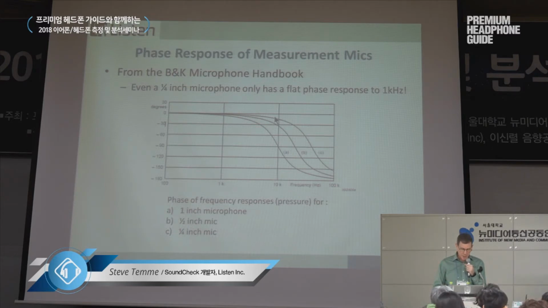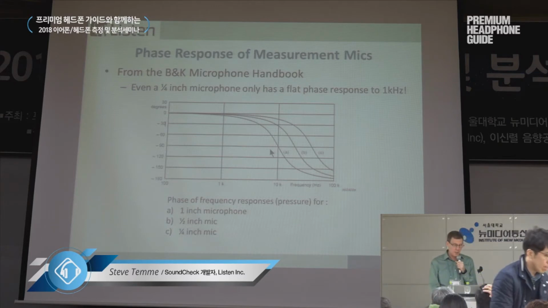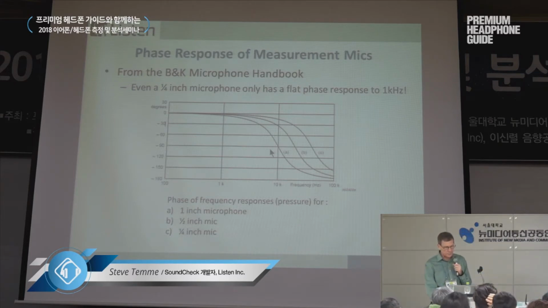We can see that this particular microphone is about 15 degrees down at 10 kilohertz. And again, this is directly related to the resonance of the microphone. The 1/2-inch microphone is 30 degrees down at 10 kilohertz. And not that anyone really uses a 1-inch microphone, but you can see right away that the resonant frequency of the 1-inch microphone must be around 20 kilohertz because it's 90 degrees down at 10 kilohertz.